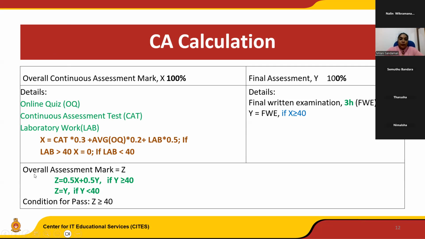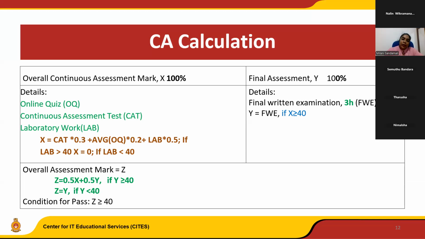So if we talk about our overall assessment mark, that means Z. In addition to continuous assessment marks, there will be a final written examination, which is a 3 hours paper. We denote the final exam marks as Y. Y is simply equal to the marks you obtain in the final written examination.